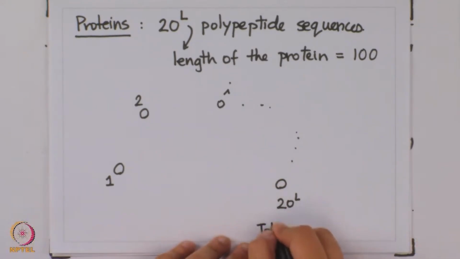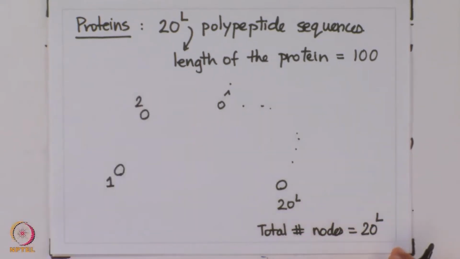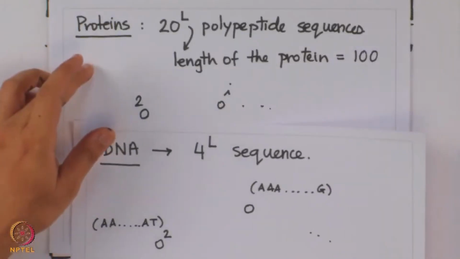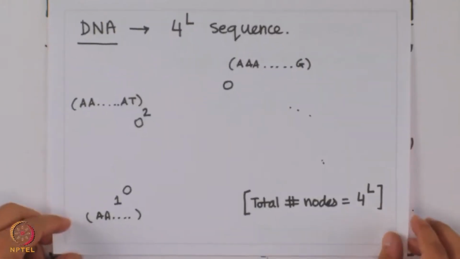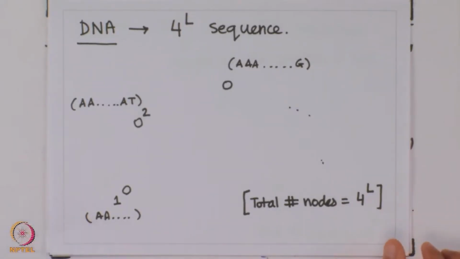So, the total number of nodes here is 20 to the power L. L in this case is the length of the protein that we are interested in. So, what we have done here is define, given a DNA sequence of length L or a protein sequence of length L, how to enumerate all possible sequences of DNA and peptides which correspond to the same length as we are interested in.